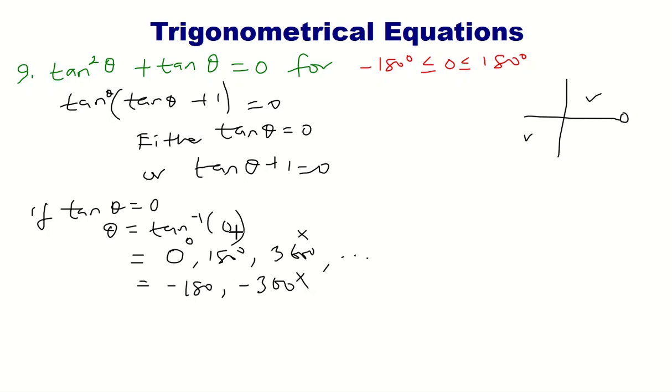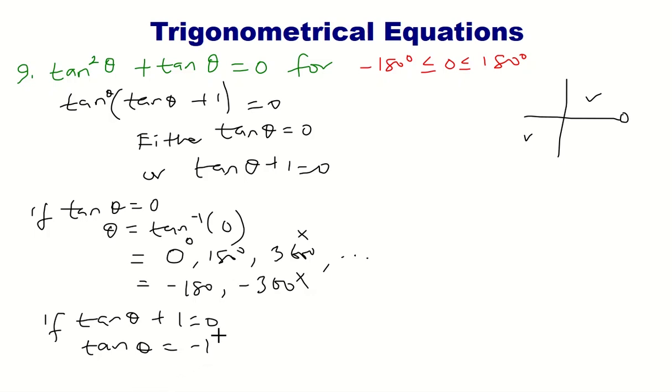So our values are there. But we still have this, so we shall not conclude before. If tan theta plus 1 equals 0, let's find the values of theta here. When we simplify, this will be tan theta equals -1.